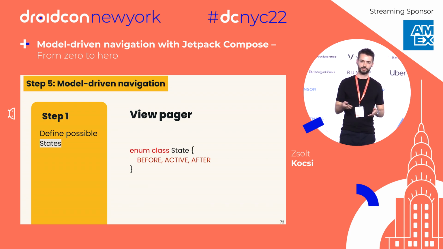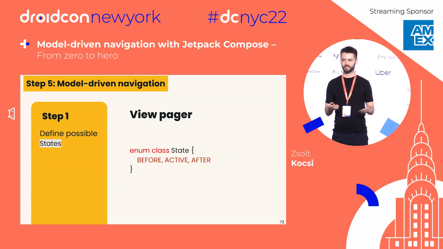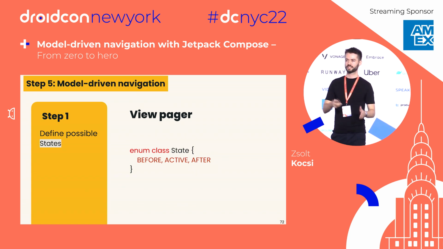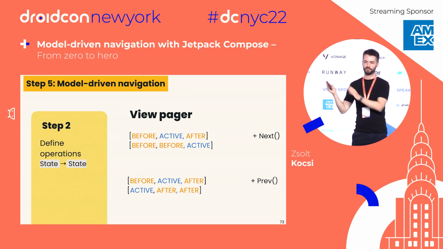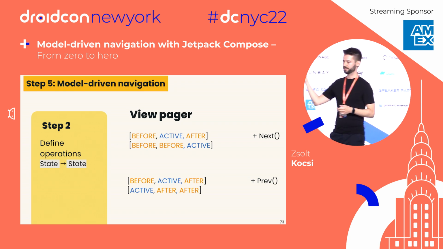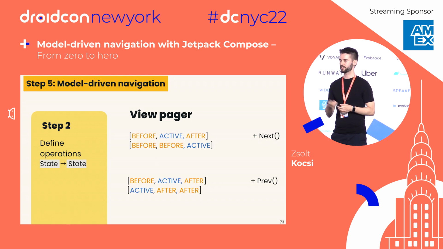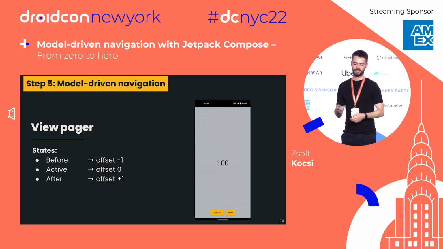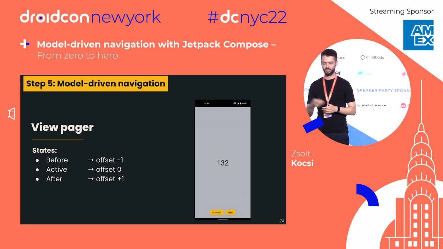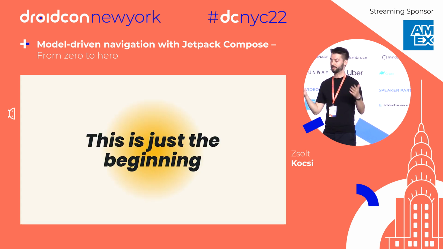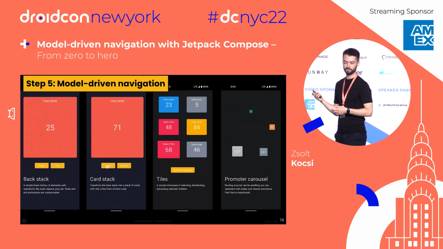With a view pager, you do not have the concept of stashing and popping. So what you have is something which is active on the screen, something which is relatively before or after that element. And instead of push and pop operations, you would have next and previous operations moving this active flag around this list. And then with a similar sliding offset association, boom, you have instead of a backstack, now you have a view pager with the same approach.